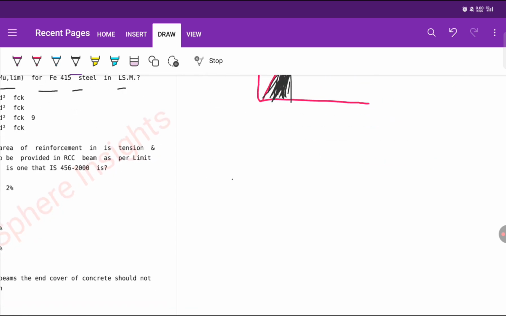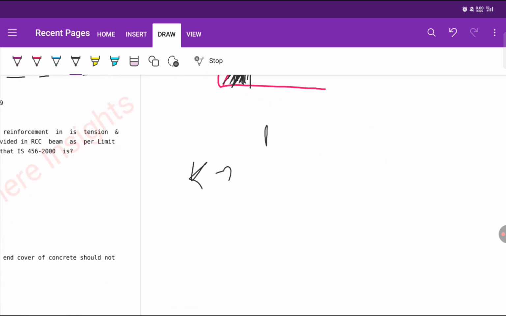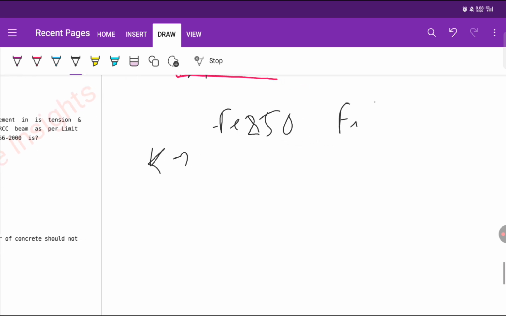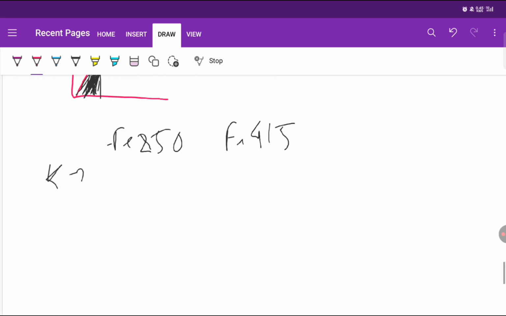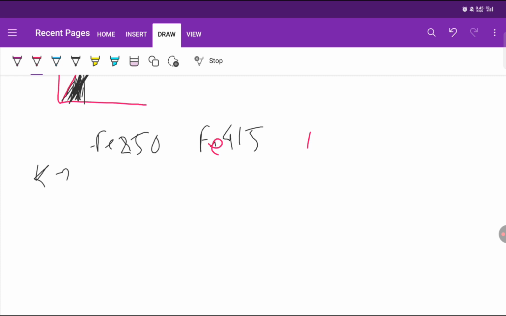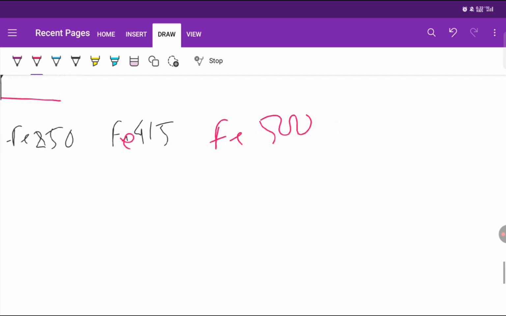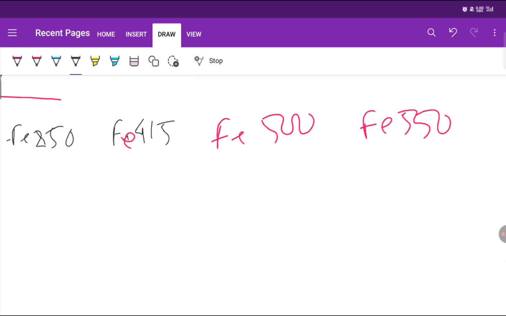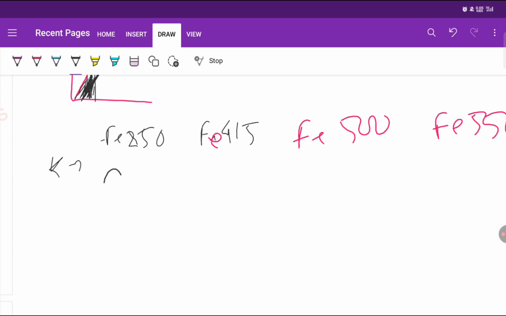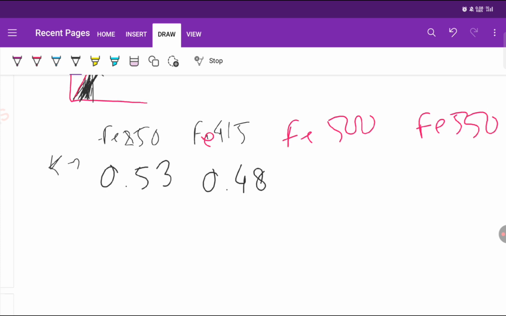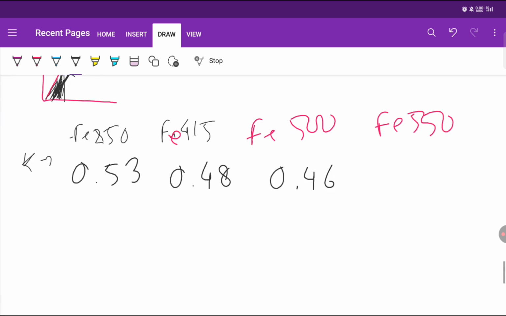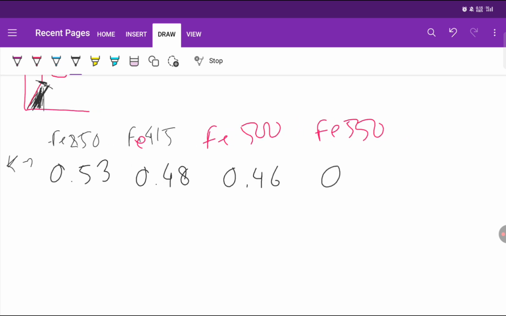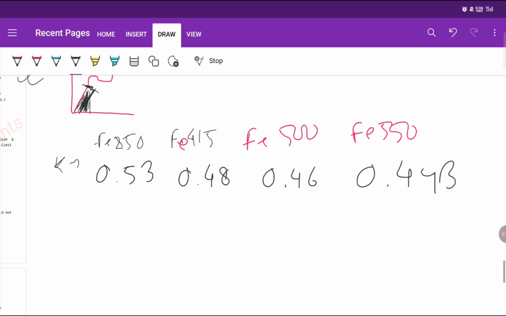There are some values. One is mild steel Fe250, then Fe415, then Fe500, then Fe550. For Fe250 the value is 0.53. For Fe415 it is 0.48. For Fe500 it is 0.46. For Fe550 it is 0.443.